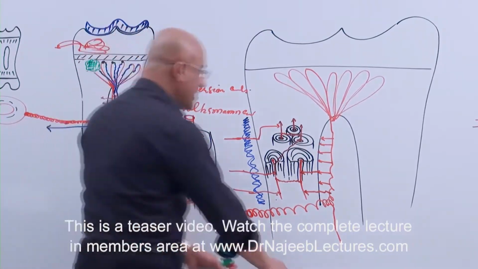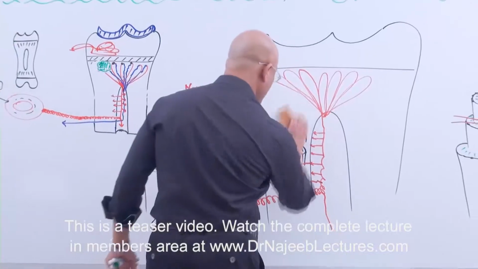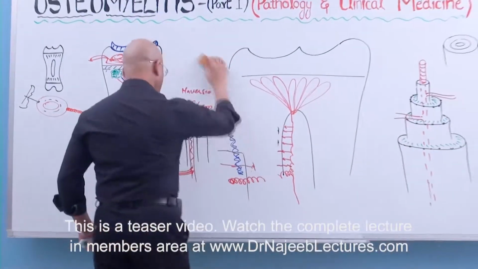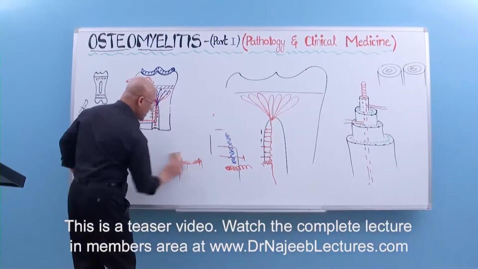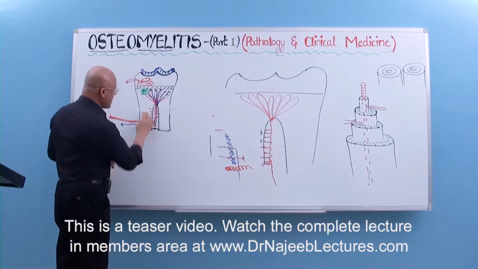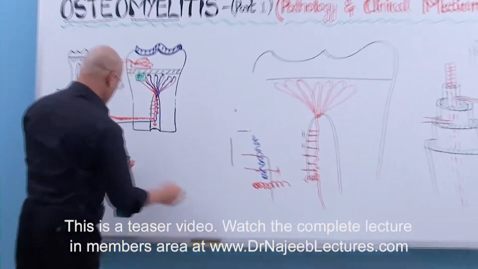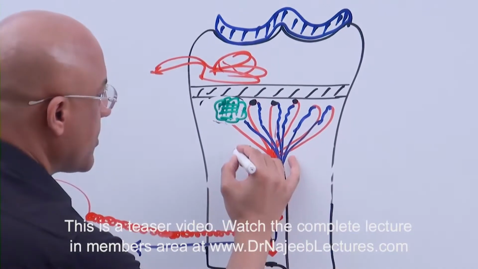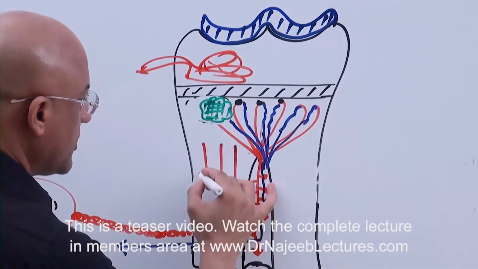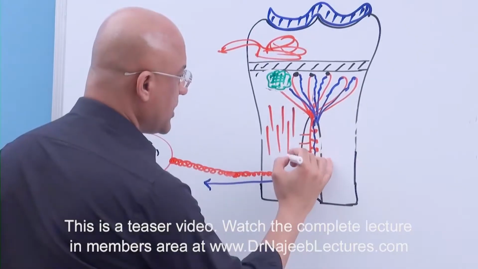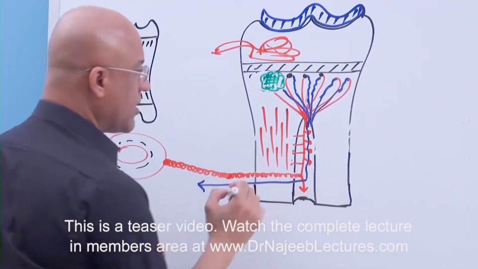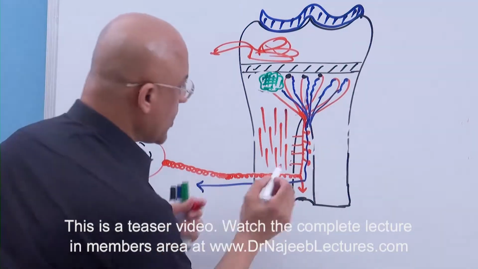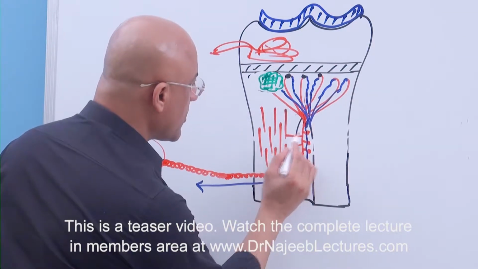Now, if I make it a very simple diagram. We come over here in this diagram and let's focus here. These are the Haversian systems, right? And what are these? Volkmann canals.